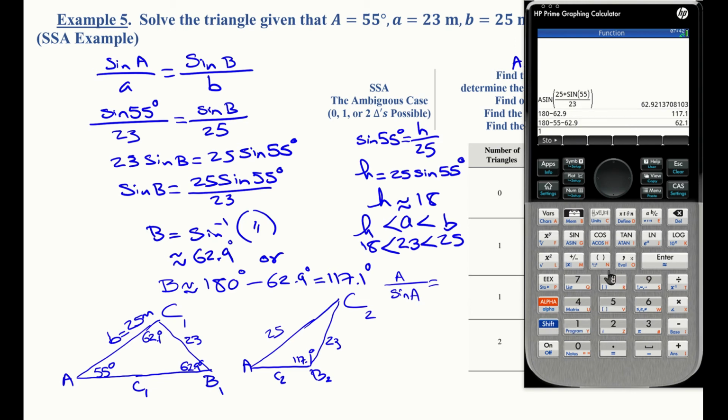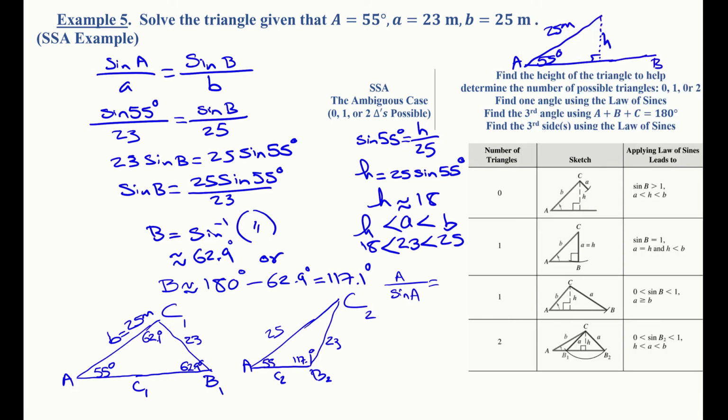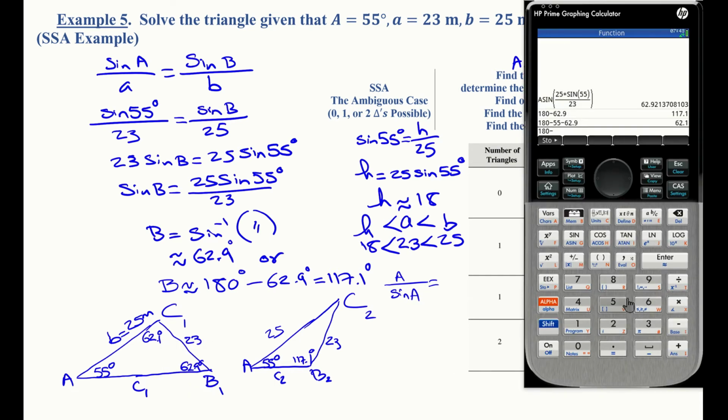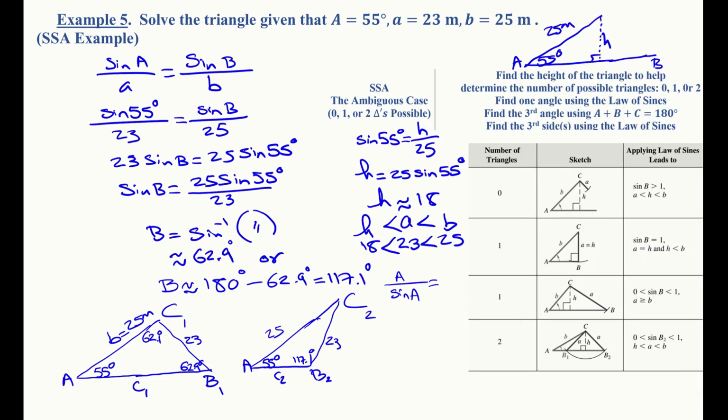So 180 minus, don't forget the A here is the same as well, 55 minus this time 117.1. So 7.9 degrees, much smaller angle.